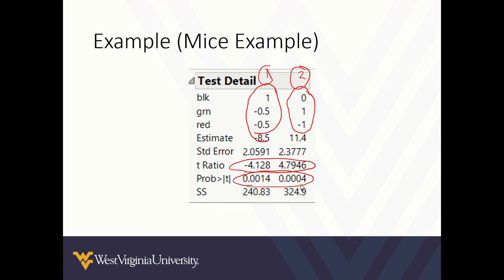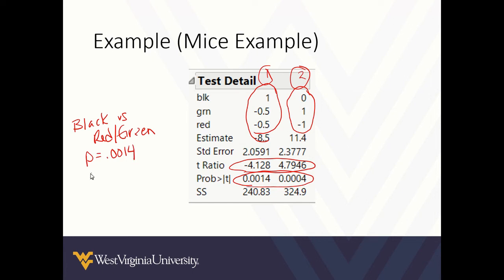What this allows us to assess, looking at our p-values, is whether there is a significant difference in our contrast. For our first contrast, we were comparing black versus red and green, and we had a p-value of 0.0014.